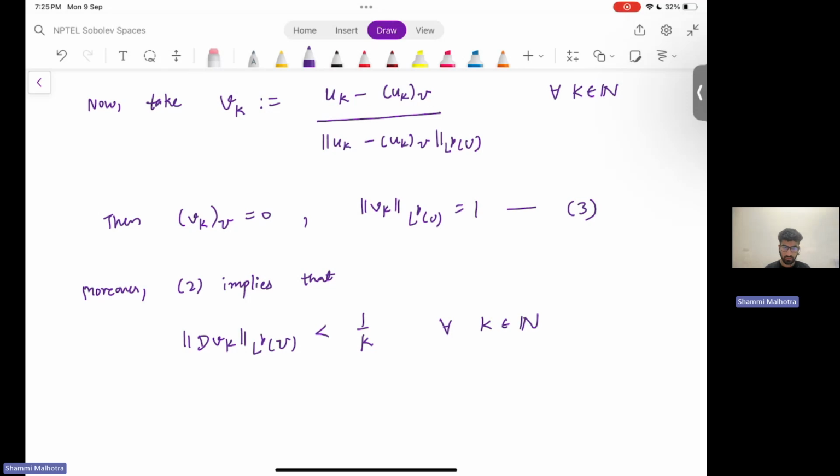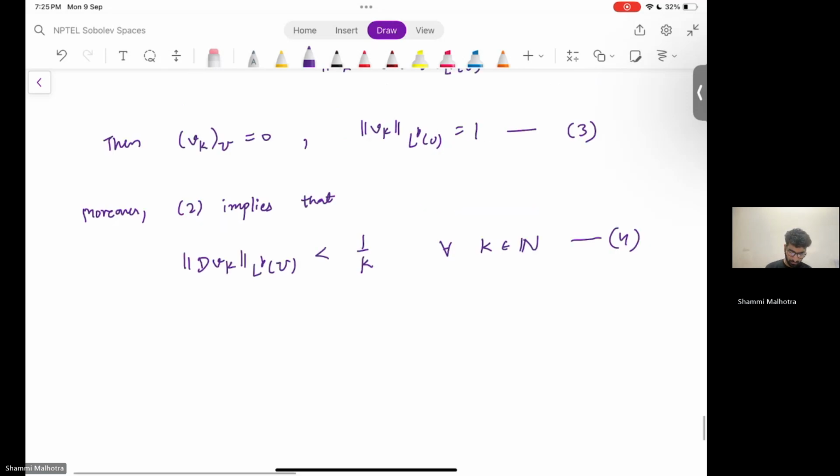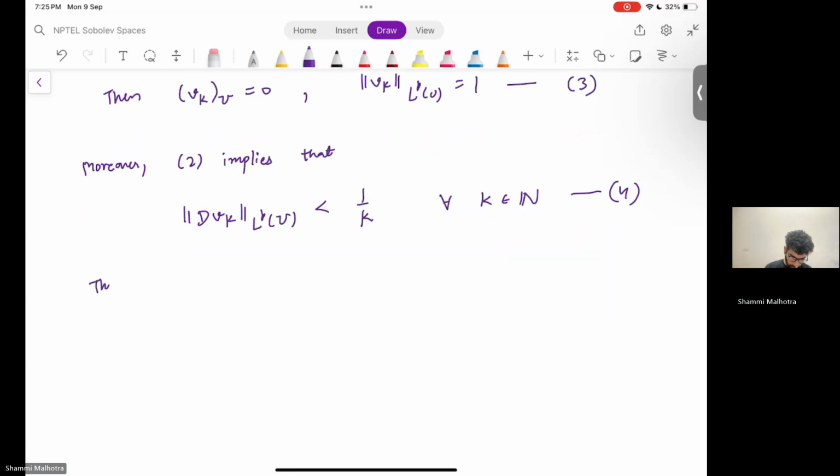So let's name the estimate to be 4. Thus, we have this v_k sequence to be bounded in W^{1,p}(U).